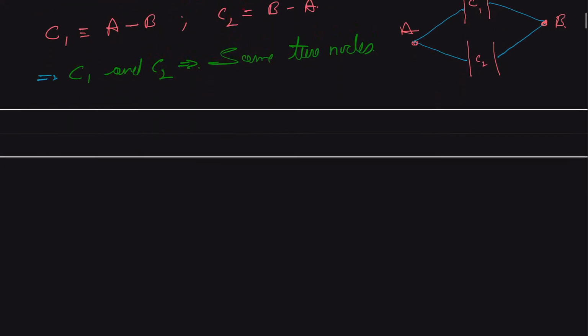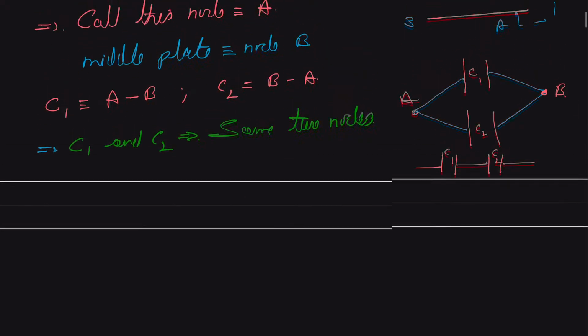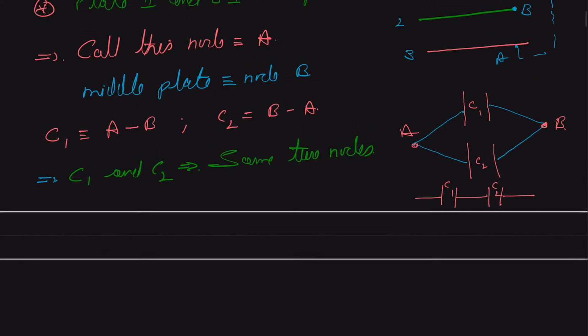If they are in series, something like this, we can clearly see they are at different nodes. So this is our C1, this is our C2. This circuit we can draw either like this or like this.